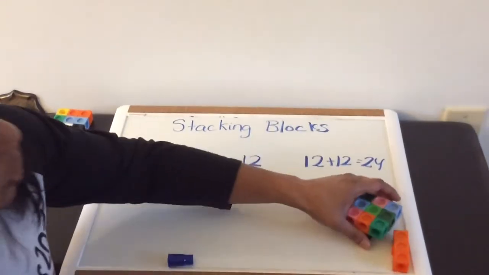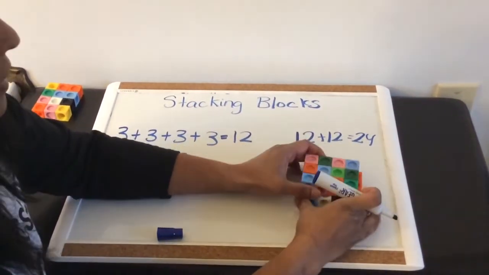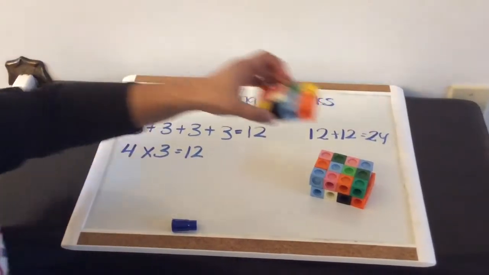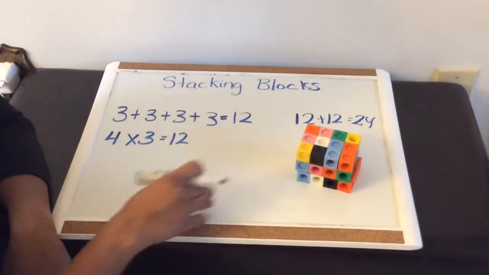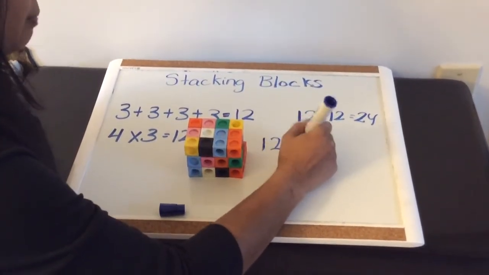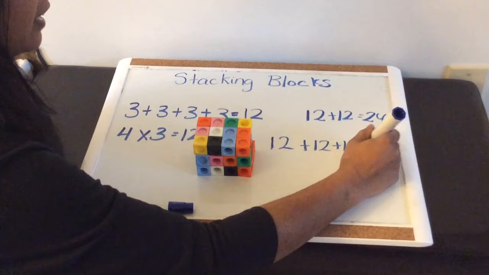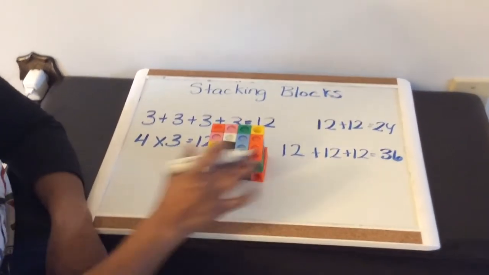So now I've used 24. Now I can even add a third layer. Okay, so if I know each layer is 12, then I can do 12 plus 12 plus 12 for the 3 layers. Okay, and that means I've used 36 blocks altogether.